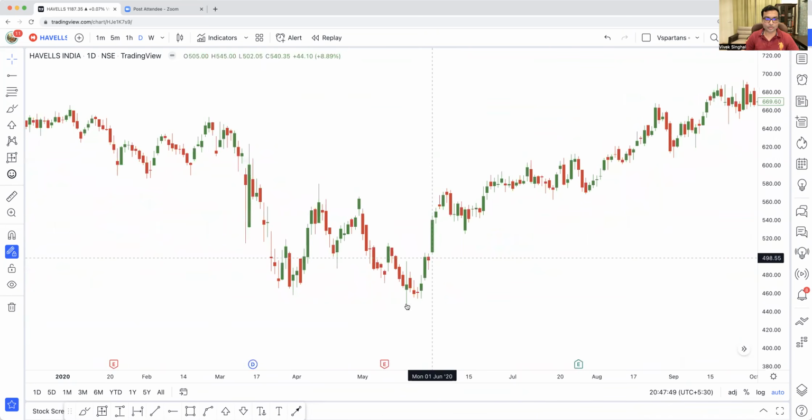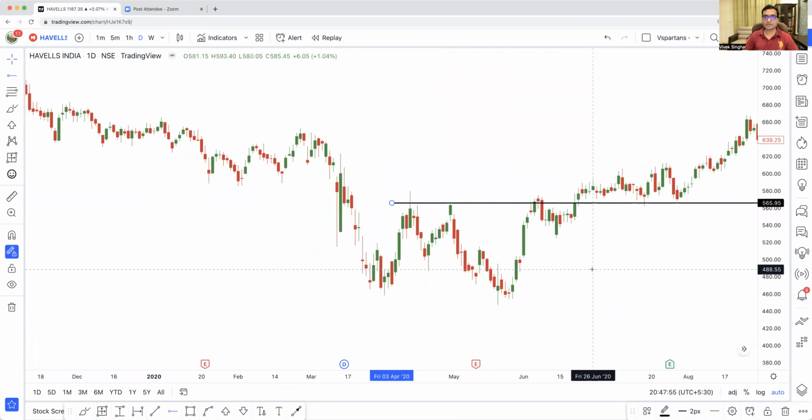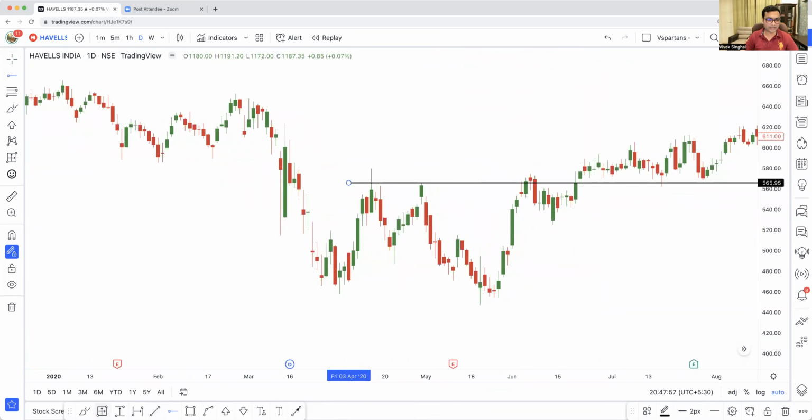There is a reverse head and shoulder pattern. So this is the example. This is connecting point 1, this is connecting point 2, and this is connecting point 3.